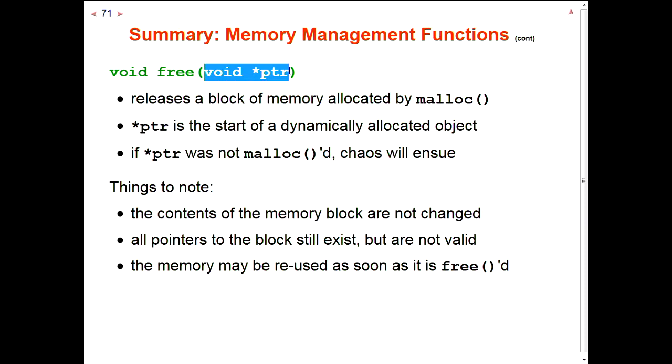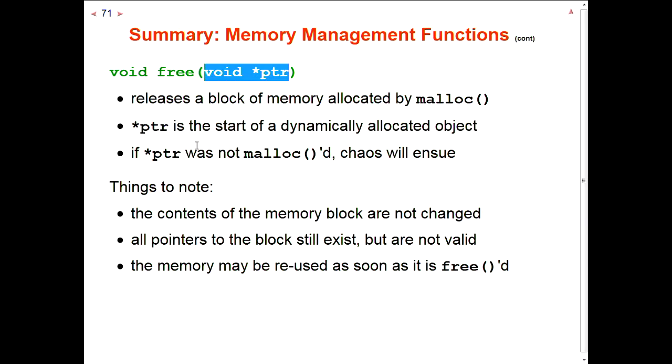In this way, the system knows exactly how many bytes it has to free. If that address was not mallocked, then it is highly unpredictable what is going to happen.